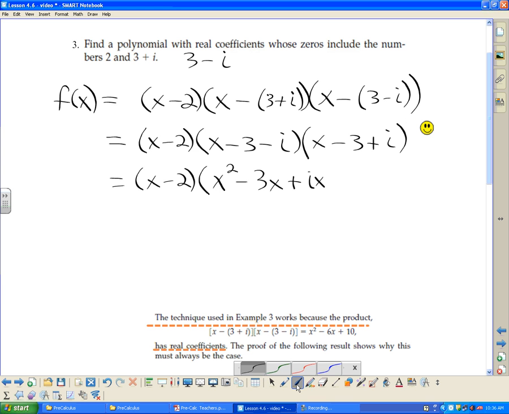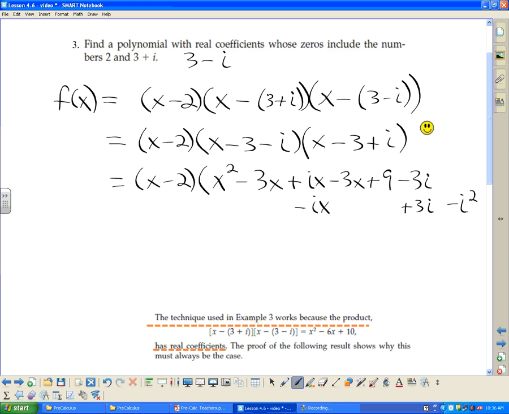So that'll give us negative 3x plus 9 and minus 3i. And then we'll multiply the negative i times all three of them. That'll give us negative ix, positive 3i, and negative i squared.